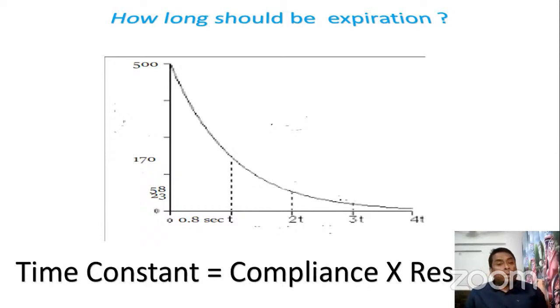So during expiration, at least we need to give 3 time constants, that is 2.4 seconds, for expiration. It is important because inspiration is an active process and expiration is a passive process. We can alter inspiration by increasing tidal volume or the pressure, but for expiration we cannot do anything other than giving adequate time.